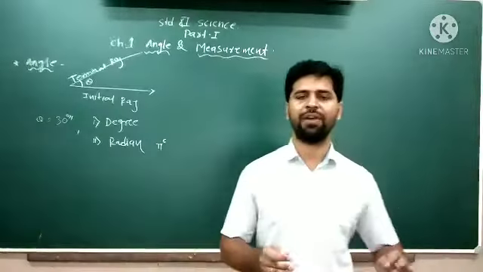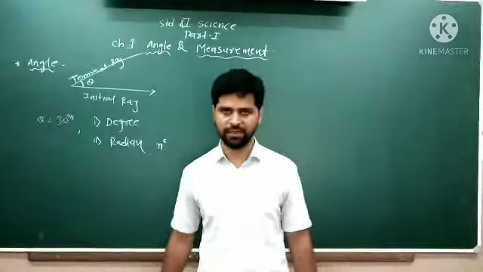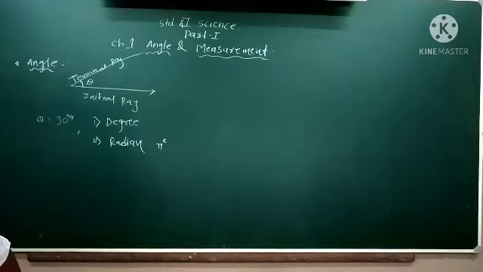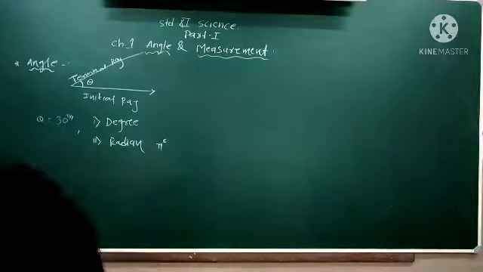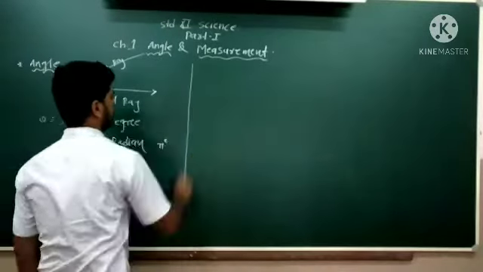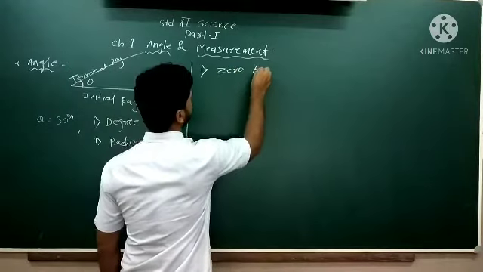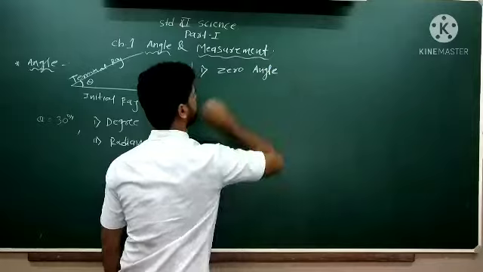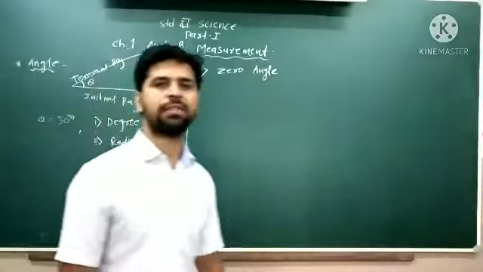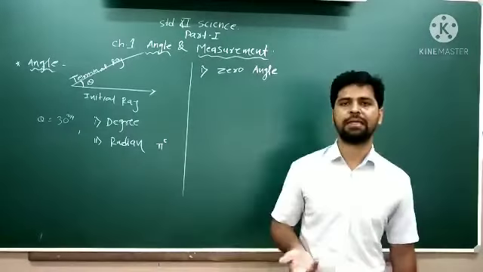But first of all, we have to see the different types of angle that we have to study in this 11th standard. So let's see what are the types of angle we have here. The first angle, zero angle. Now what is this zero angle? From the name of that angle only, we can tell what the zero angle is.